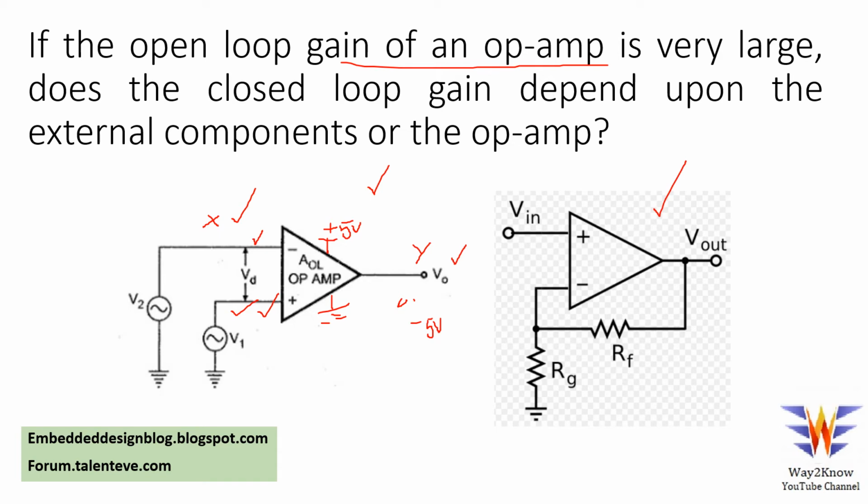In this scenario, the application is used in such a way that this op amp is called a comparator. So a comparator basically compares the input and provides the output. So this has limited applications. It has its own applications definitely, but limited.